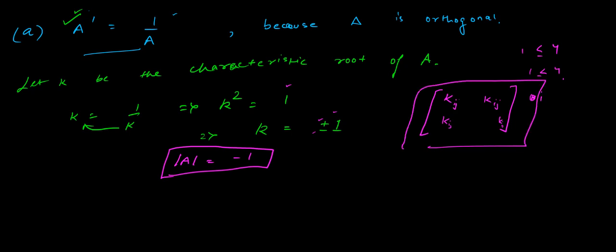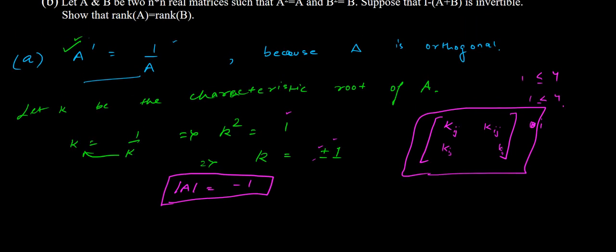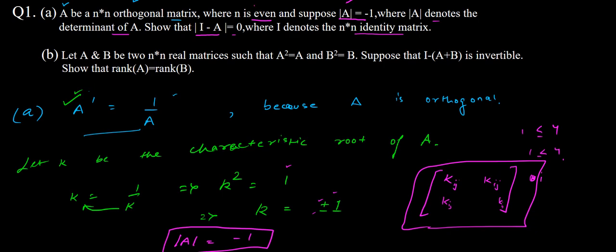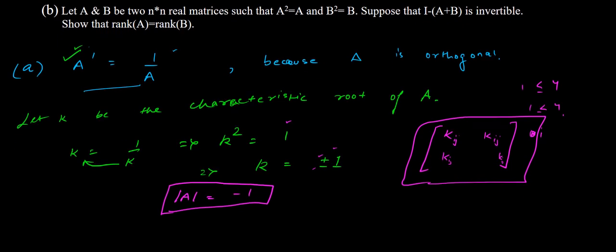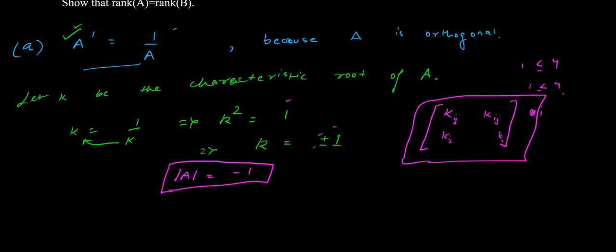Let us assume this is a 2 cross 2 matrix, because the question says n is even, which we have assumed to be 2. So this is an n cross n matrix. Now when we take the determinant of this matrix Kij, we have 4 terms, and we get a value of minus 1.